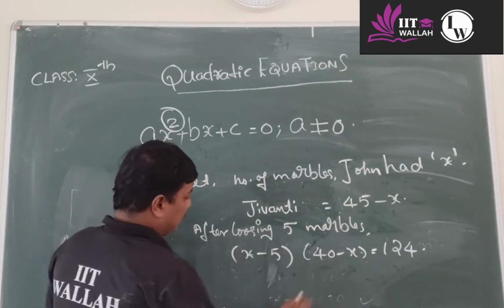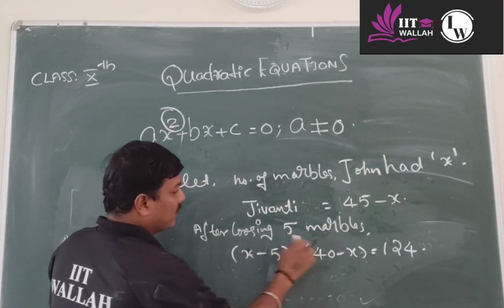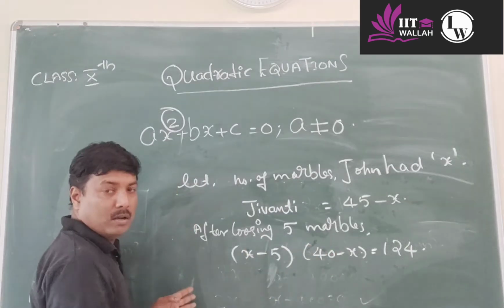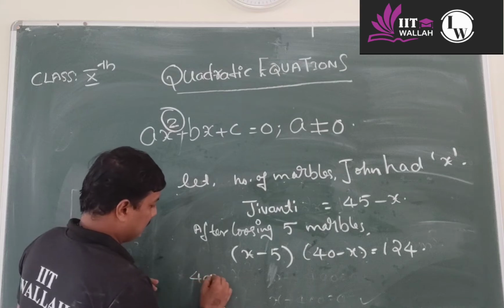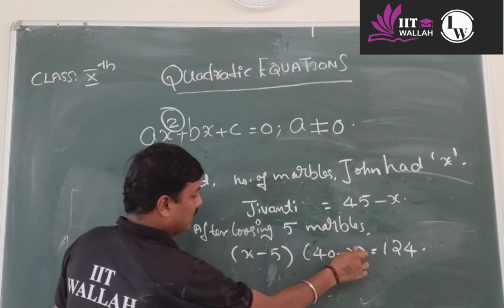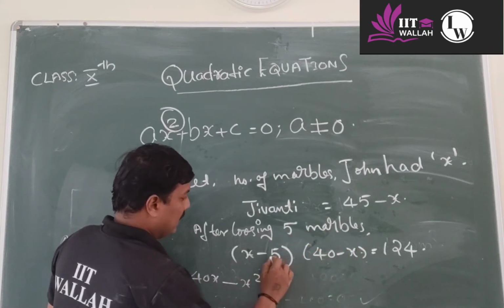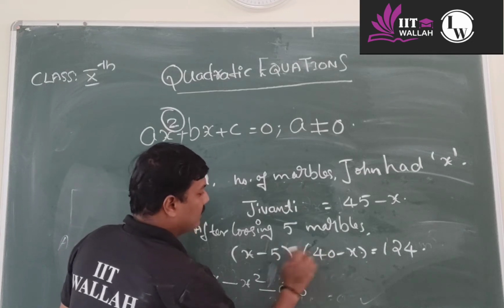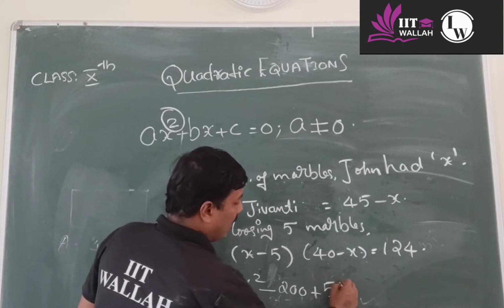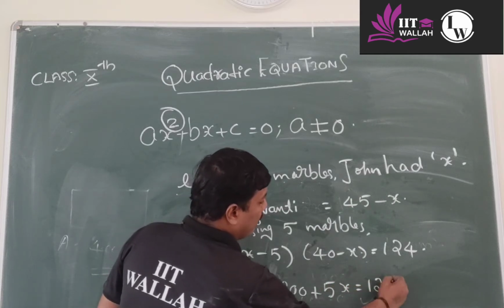So multiply this into this. First you listen how I am multiplying. So 40x minus x square, then minus 200, then plus 5x is equal to 124.